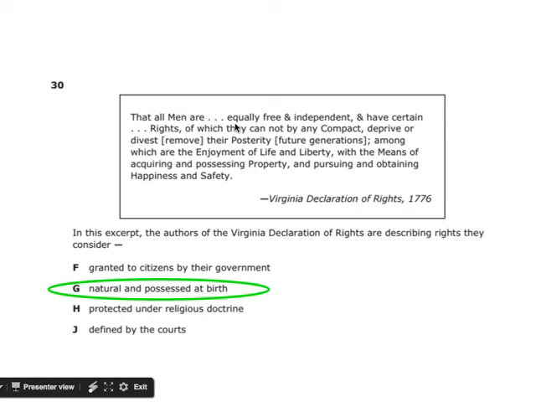It's saying all men are equally free and independent and have certain rights that you cannot, by any compact, by any resolution or declaration or any right or law or rule, remove from them. And among these are life, liberty, and basically they say the pursuit of happiness and acquiring of land. These rights are natural. All men have them. You possess them at birth.